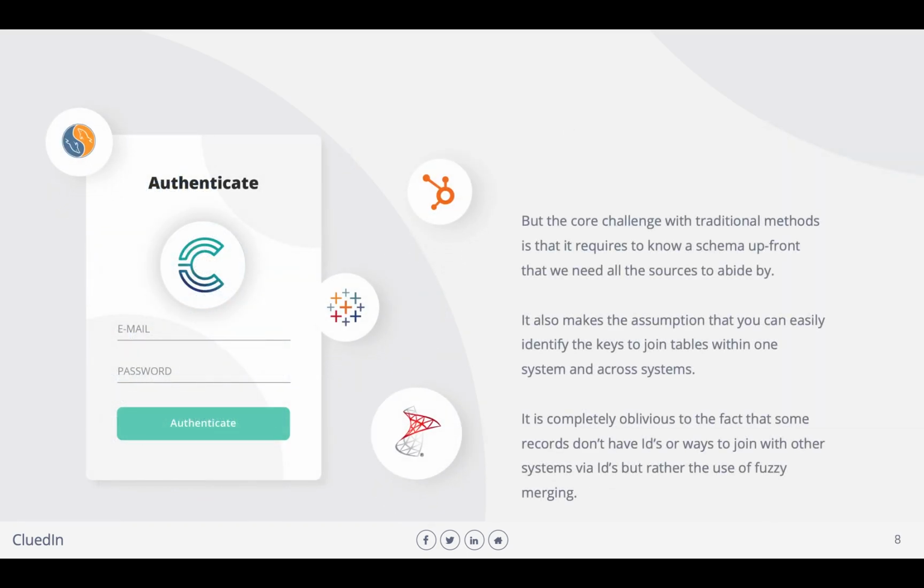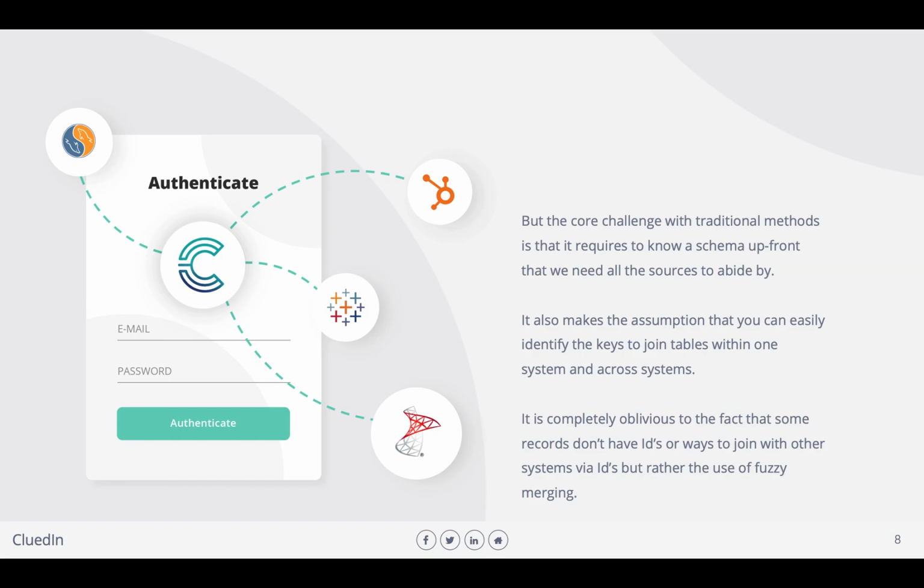So before we head on to the solution to this and talk about the new, more modern integration patterns that are available for us today, I want to highlight the core challenges with the way that data integration is being solved today. One of the core pieces is that the traditional methods require that you know a schema or a model up front that all of your data sources need to abide by.